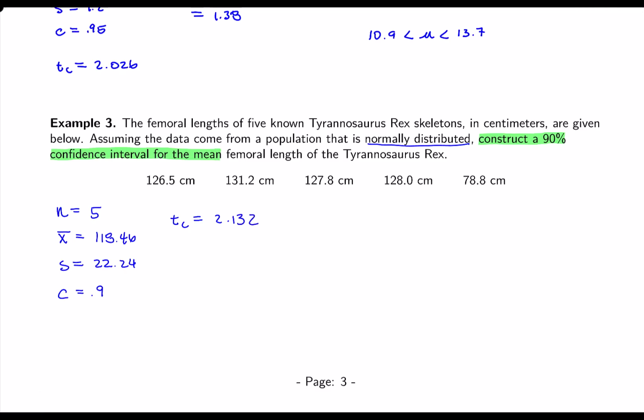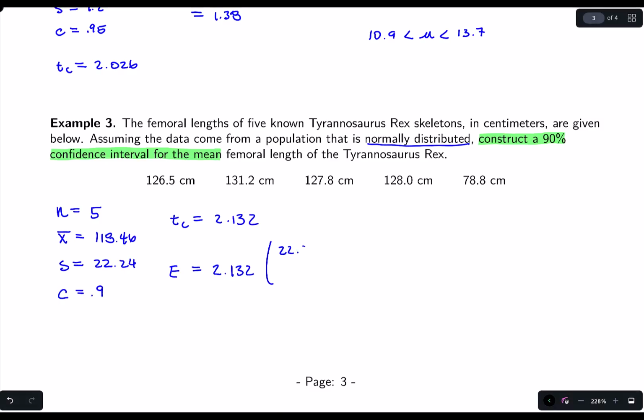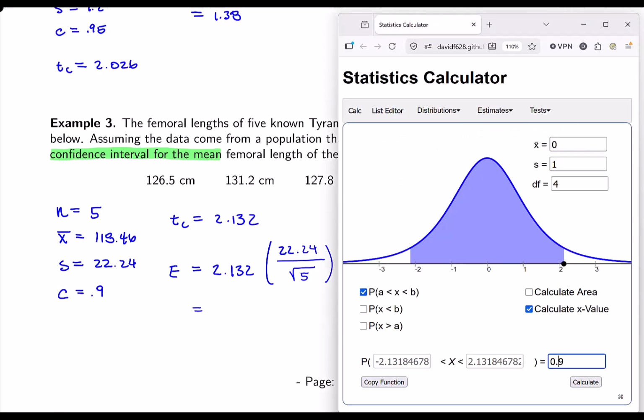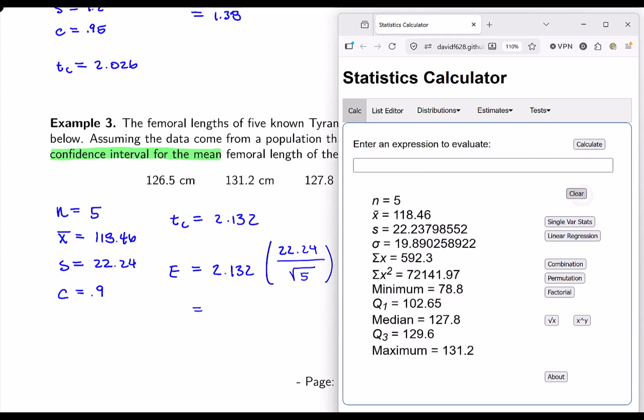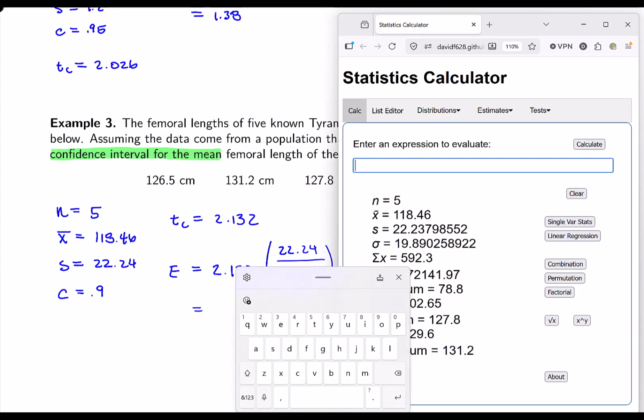Okay, then we need to get our margin of error, which we take our critical value times the standard deviation, 22.4 there, divided by the square root of our sample size, which is 5. Okay, and go back to the calculator here, and on the calc screen, type this in to come up with our value here.